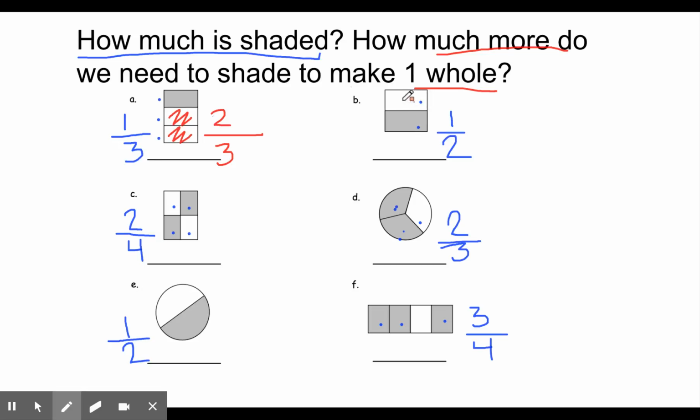What about for B? Let me color it in. Oh, I only needed to color in 1 part. So 1 would go on top, but it's still divided into 2, so 2 goes on the bottom. 1/2 plus 1/2 equals 1 whole.